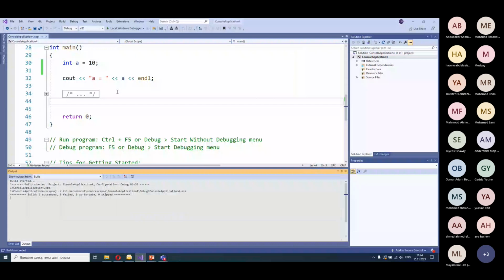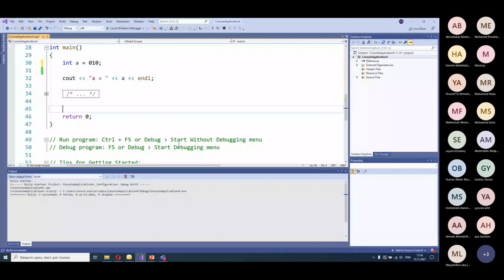But let me write this number as 0 and 10. One remark: when the first digit of the number is 0, this number will be considered an octal number with radix 8.